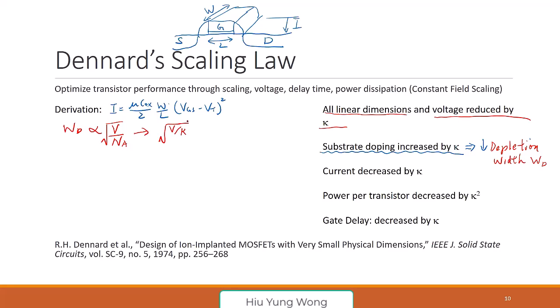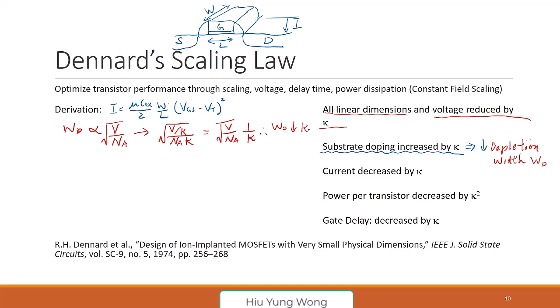Voltage is the voltage you apply to your transistor. It was 5 volts, becomes 3.3 volts, becomes 1 volt. And then how about NA? He said that we should increase it by copper. So it becomes V divided by Na times 1 over copper, right? So it means the depletion width is reduced by copper. Do you see the rationale?